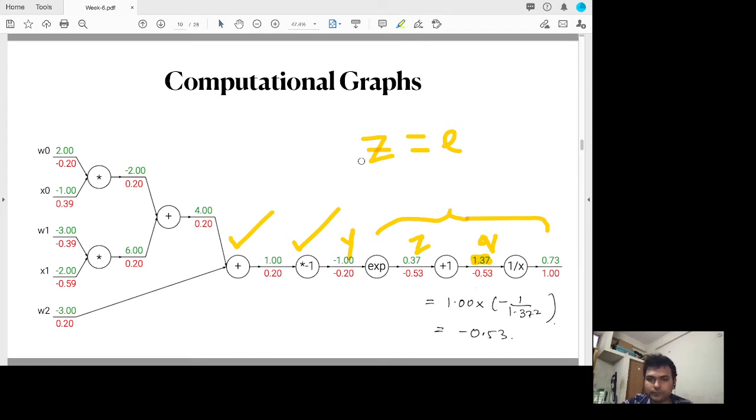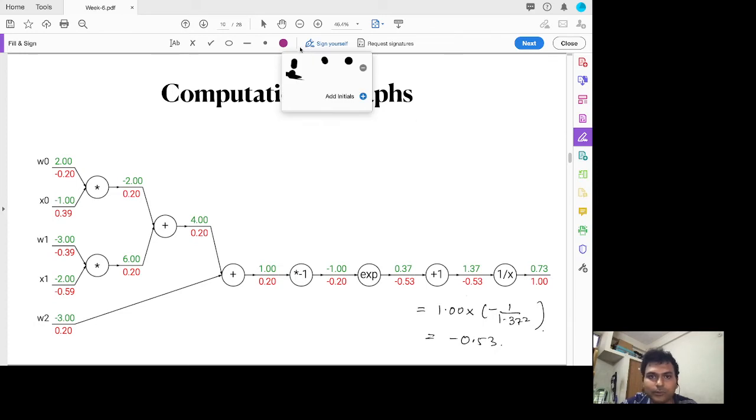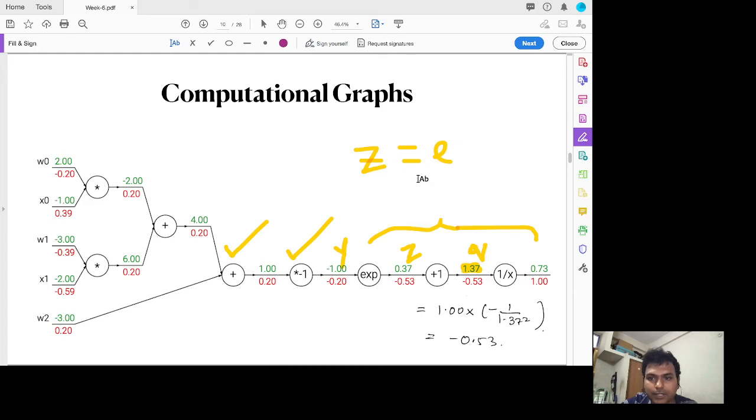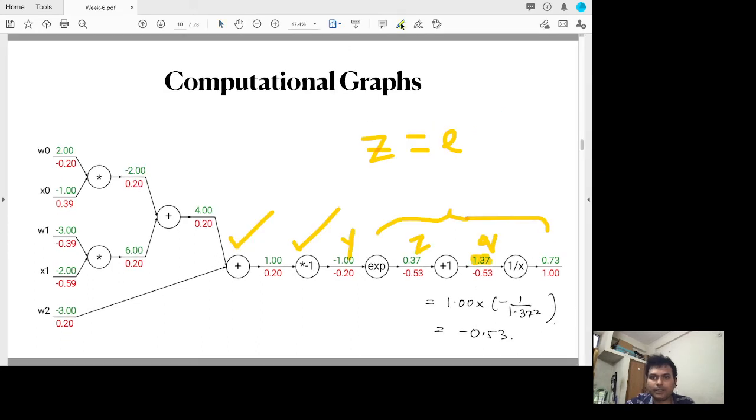So z equal to e to the power of y basically.